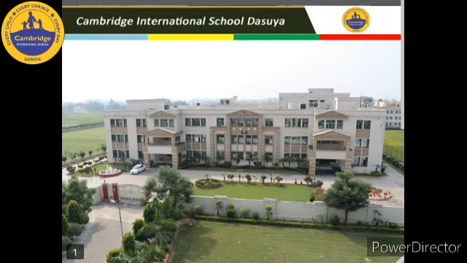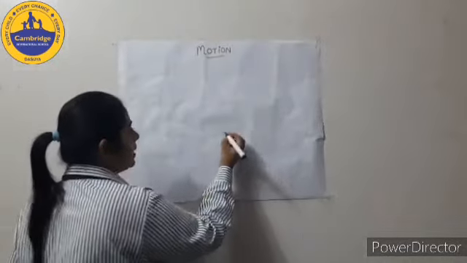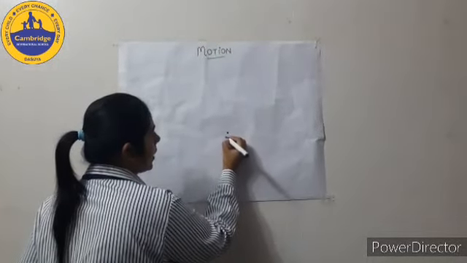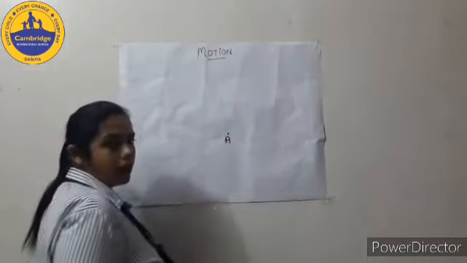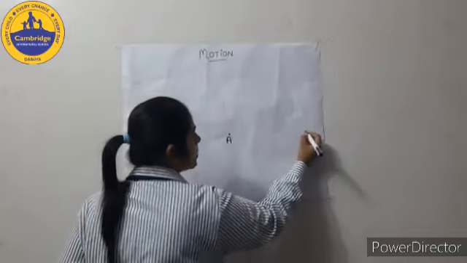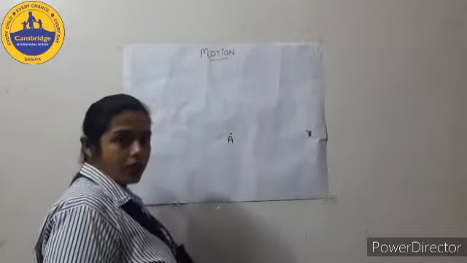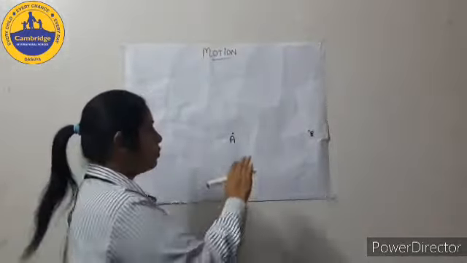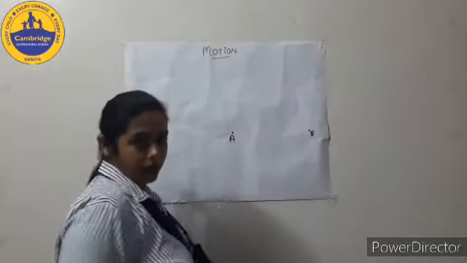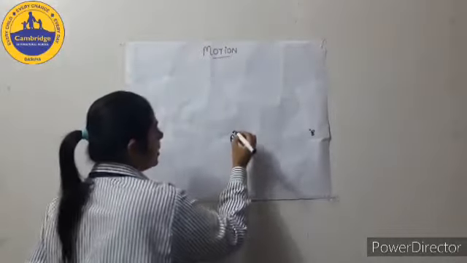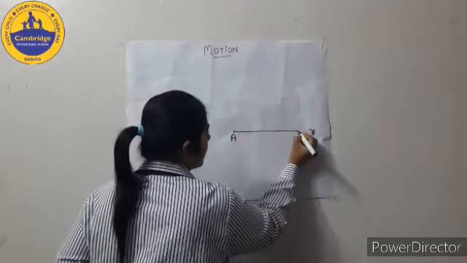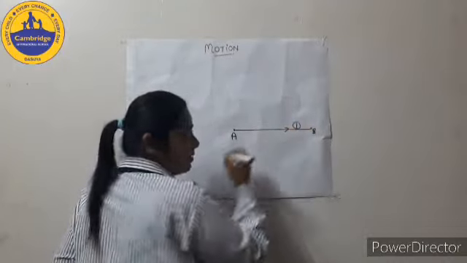Let's understand more about this by the following video. So, let's say the object is first at point A, and afterwards the object moves to another point B. Now children, there are many ways to move from point A to B. For example, it can be a straight path. Let's say this is path number 1.